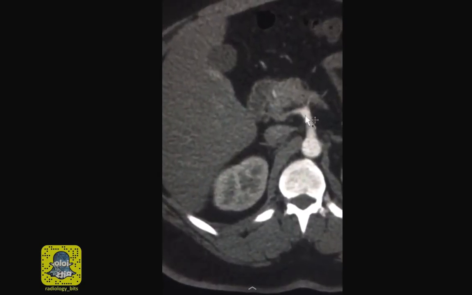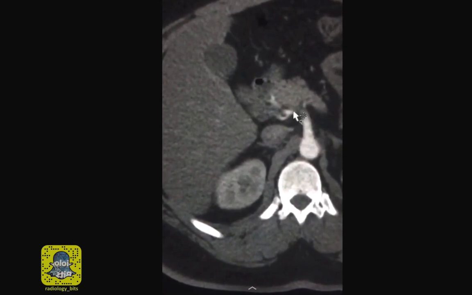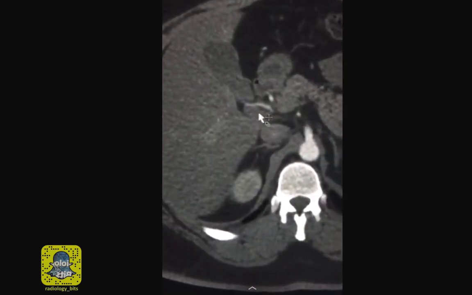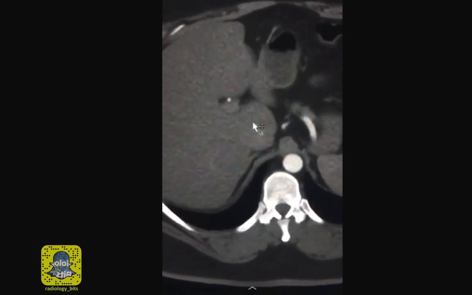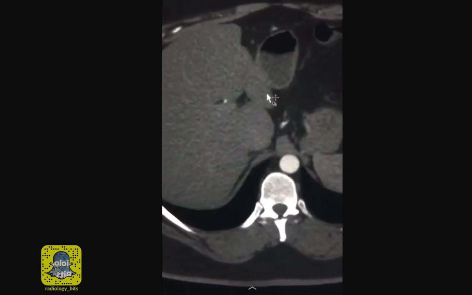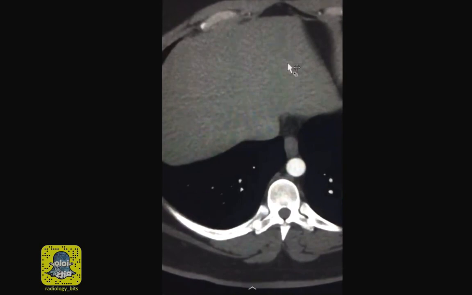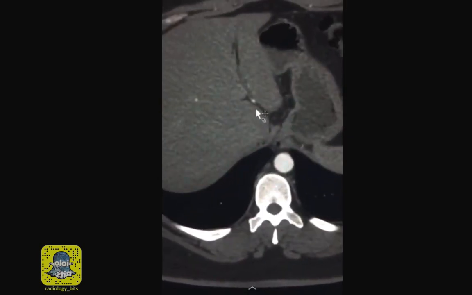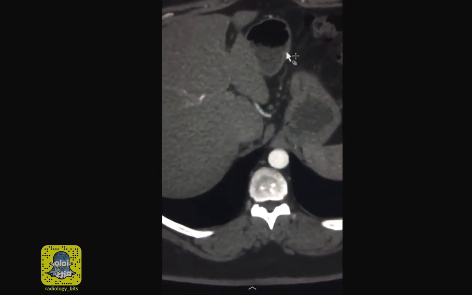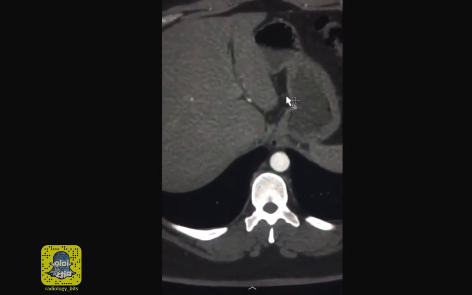Now, why am I showing this? I want you to concentrate on the common hepatic artery and see how it goes to the liver here. To simplify things, we know we have a right and a left hepatic lobe. So the hepatic artery proper should divide into a right-sided and a left-sided hepatic branch.